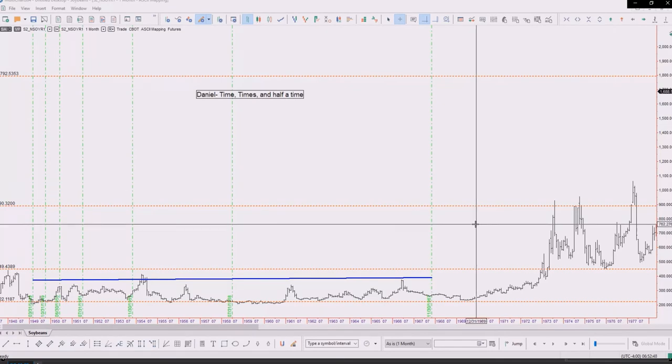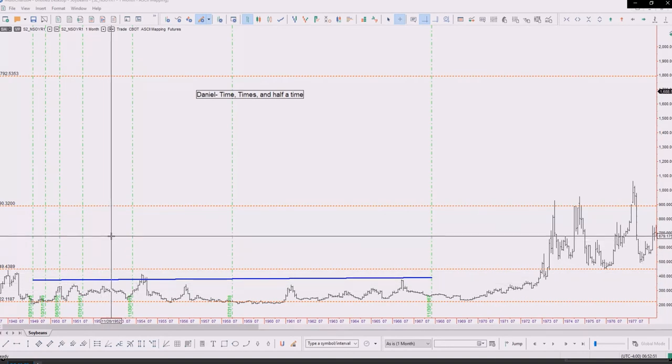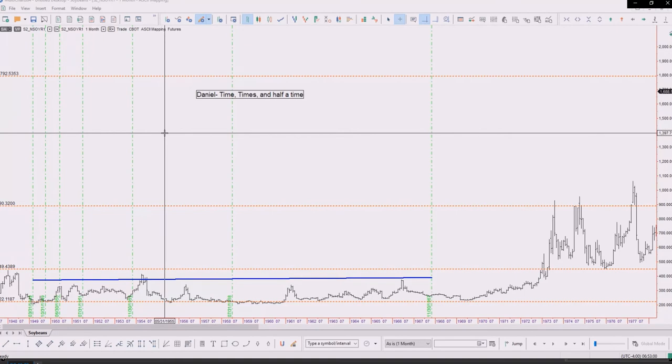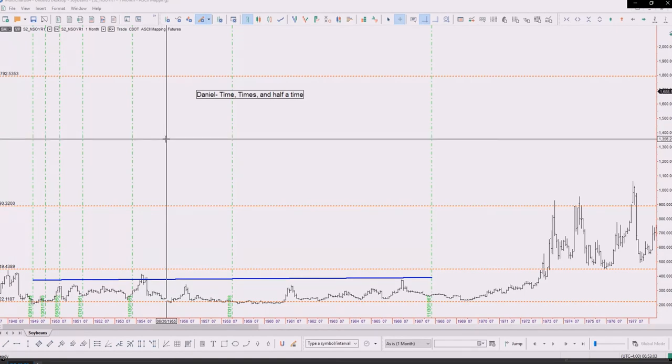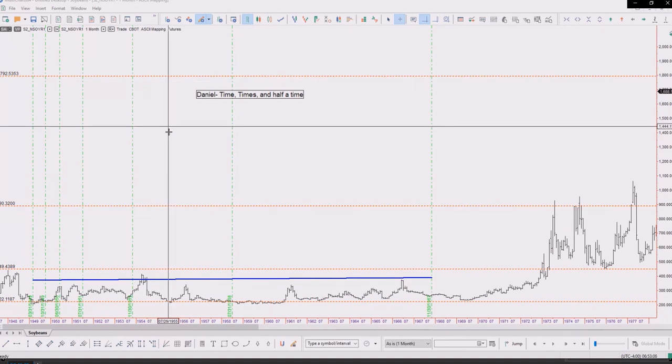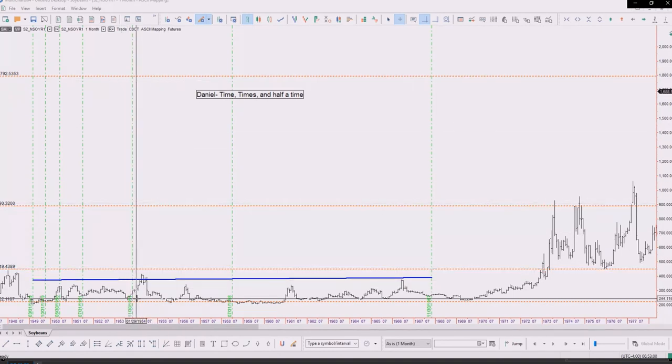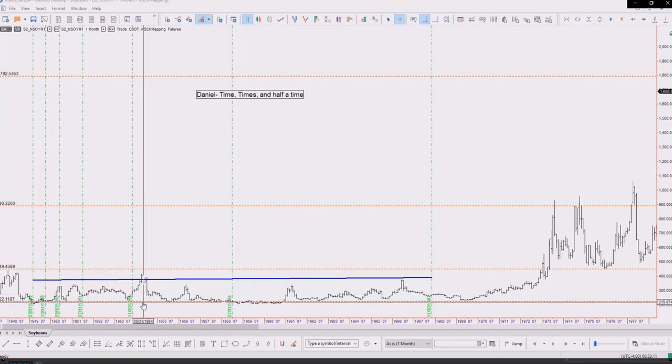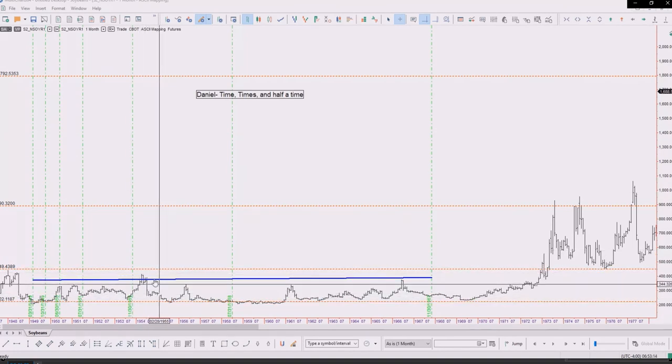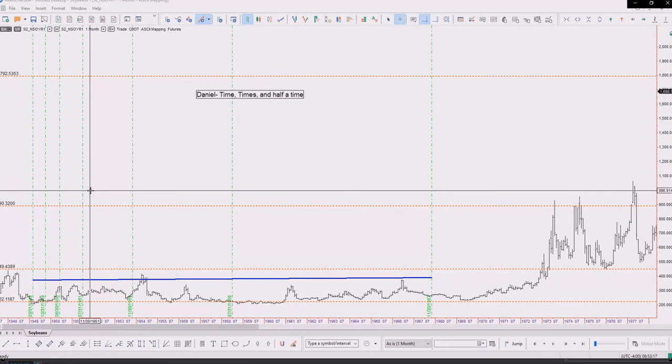Because each octave doubles, so if we take our second octave and split that in half, that is equal to 2 of our lower octaves. And if we take our upper octave and divide that in half and then half again, that gives us 4 total harmonic units of the initial octave. So that gives us 7 segments of our lower octave. So that gives us our time, times, and half a time component.